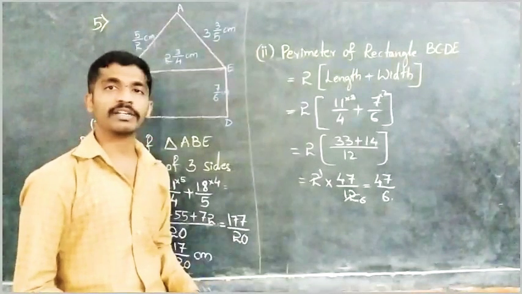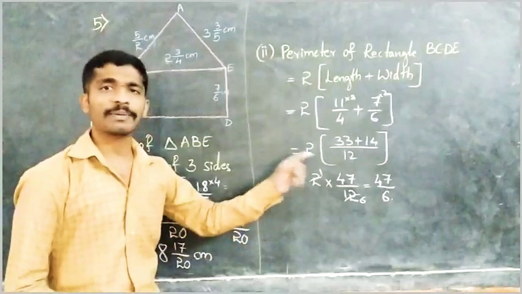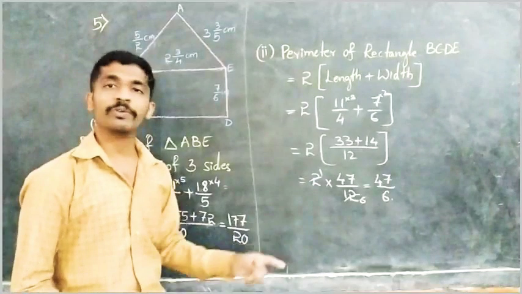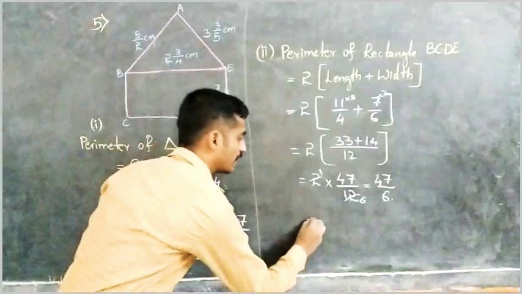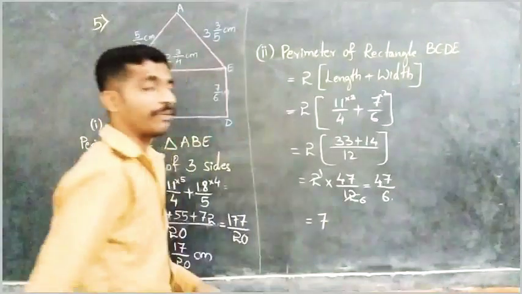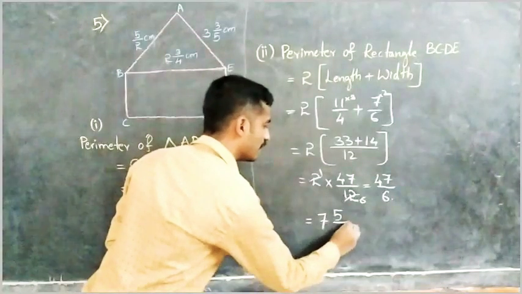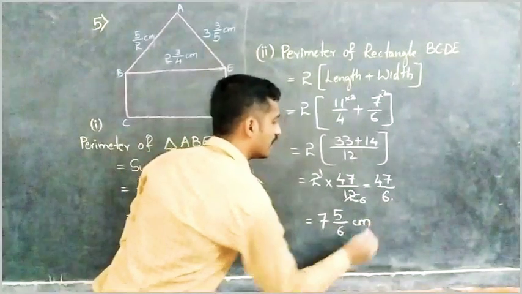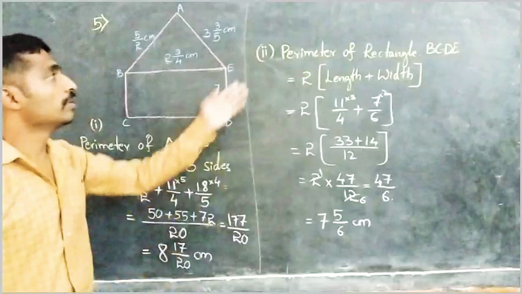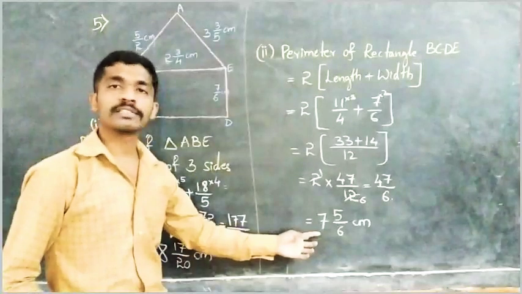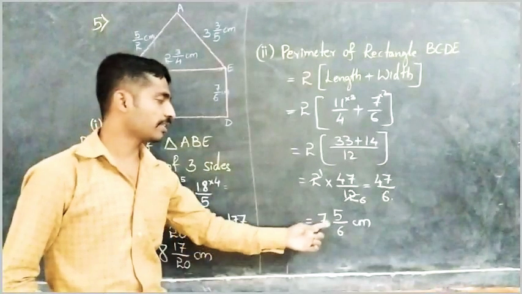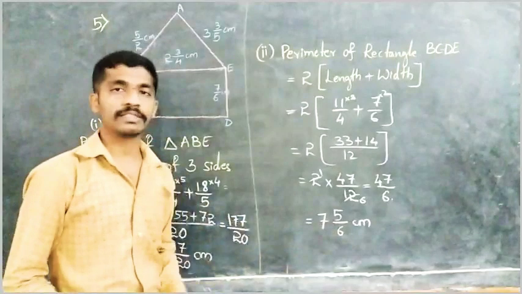What will you get as the remainder? 6 7s are 42, so the remainder will be 5. So the perimeter of the rectangle is 7 integer 5 by 6 centimeter.